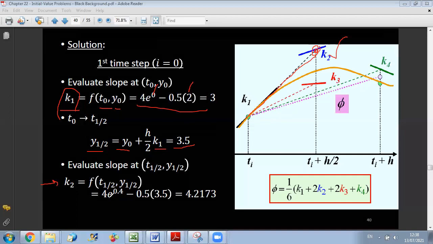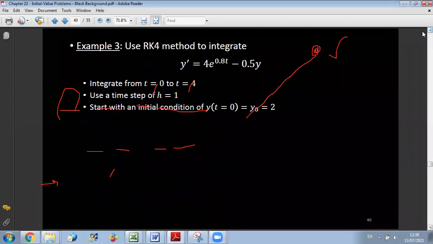So we replace t half by its value. How to know what is the value? Okay, we should find what is the step. So here we have a time step of 1.